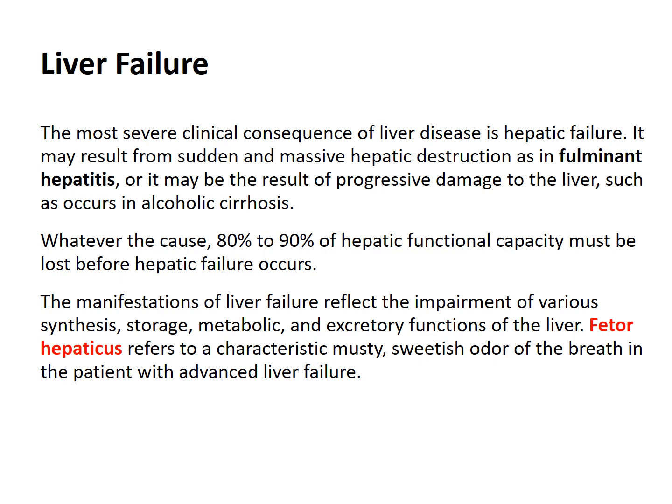It may result from sudden and massive hepatic destruction, as in fulminant hepatitis, like that occurring in viral hepatitis, especially hepatitis C. The liver is attacked by the virus, massive loss of hepatocytes occurs, and the patient suddenly presents with fulminant hepatitis. Or it may be the result of progressive damage to the liver, such as alcoholic cirrhosis.